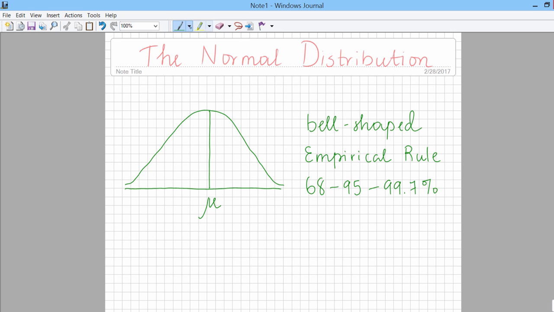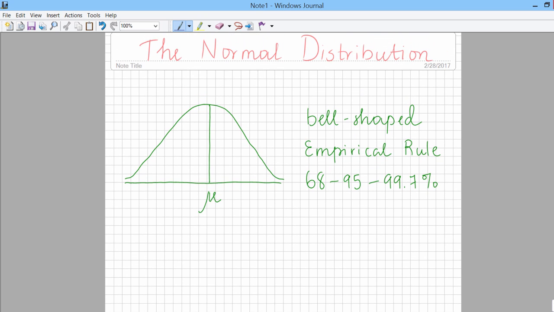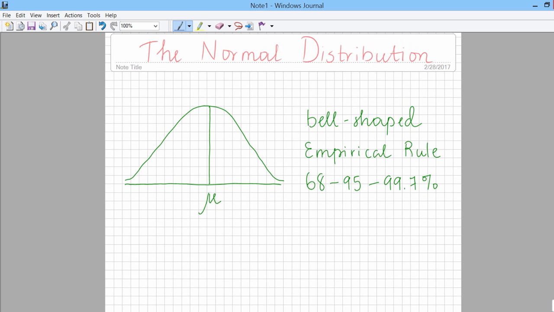So what is so special about normal distribution? Almost all of inferential statistics is based on normal distributions, so we should definitely try to understand this concept really well. Okay, so when it comes to normal distribution, what you should know is the following.